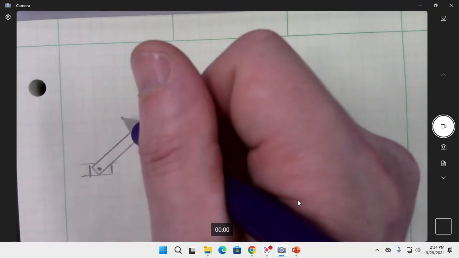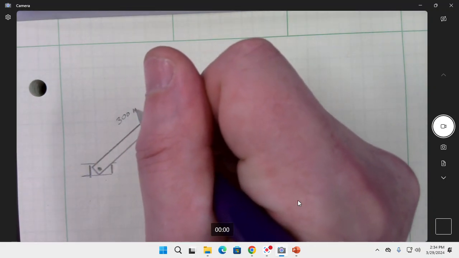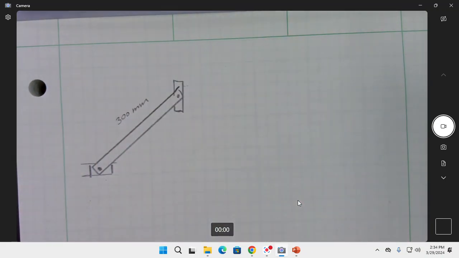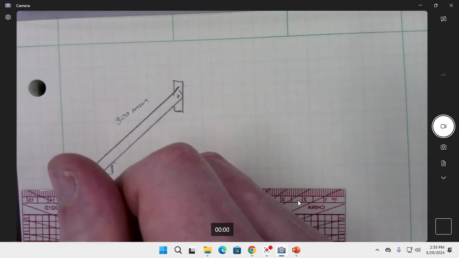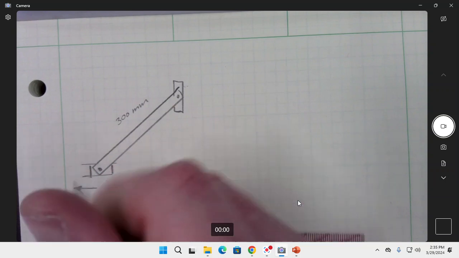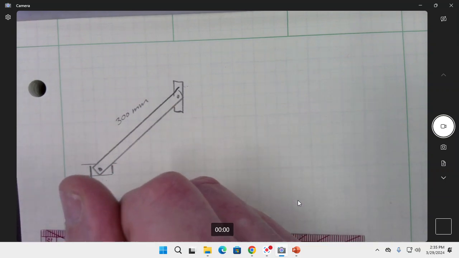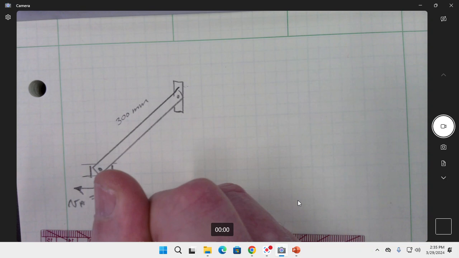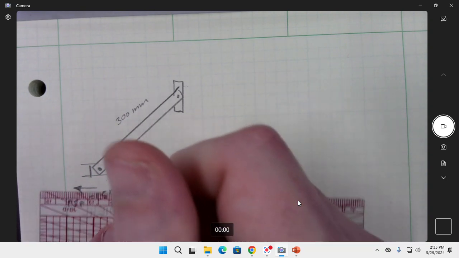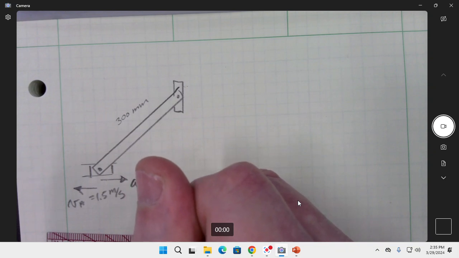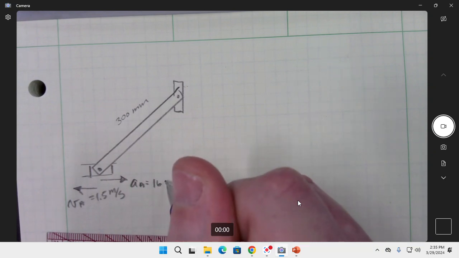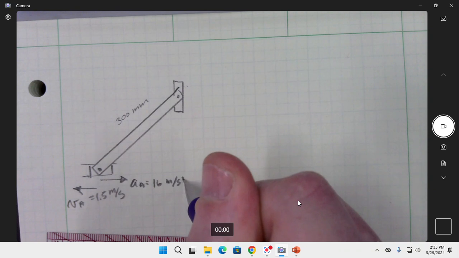So 300 millimeters. And they're saying that the velocity VA is 1.5 meters per second, whereas acceleration A is 16 meters per second squared.